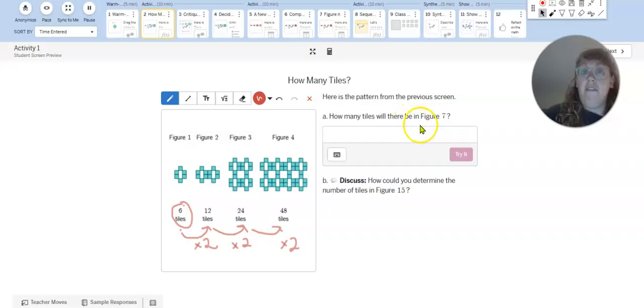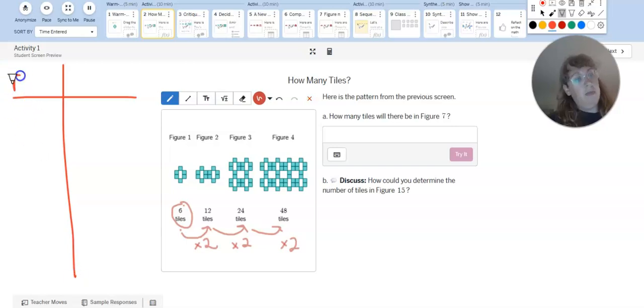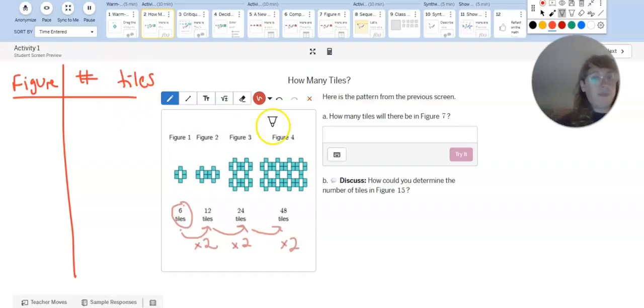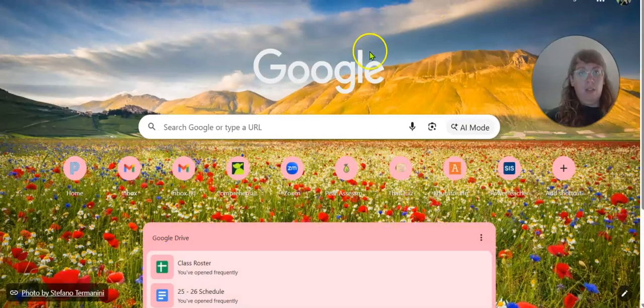We can do this to get figure 7. We could just make a little table, have figure, and then number of tiles. So for figure 5, 48 times 2, let's see, where's my calculator?